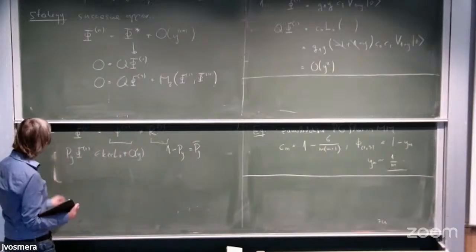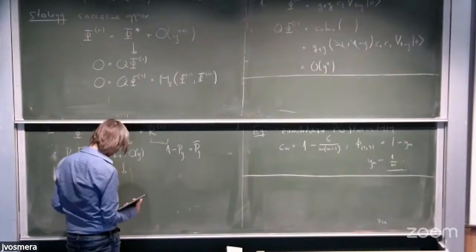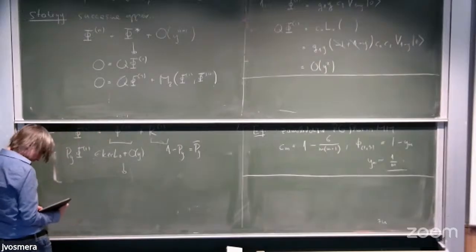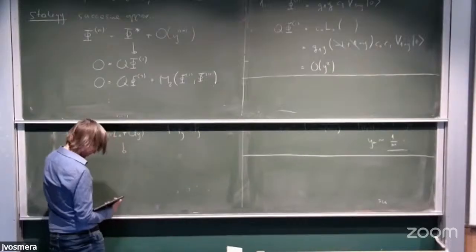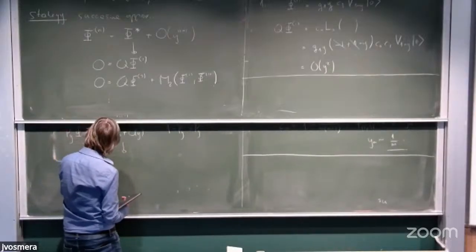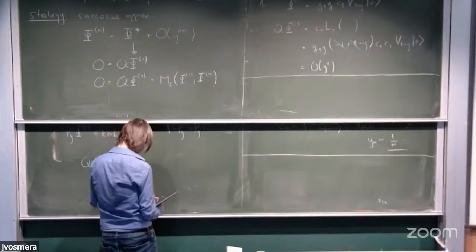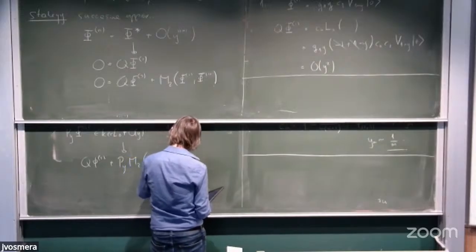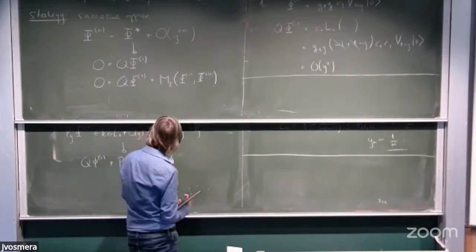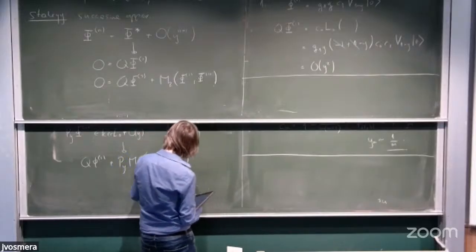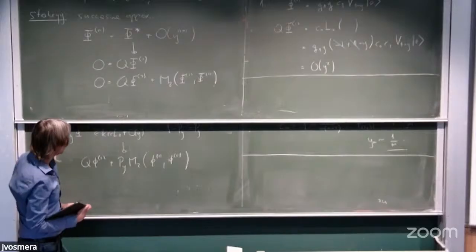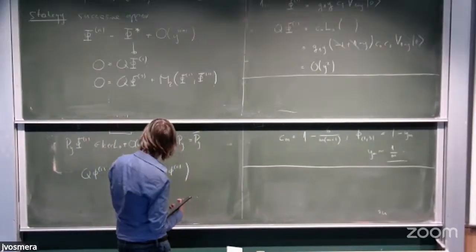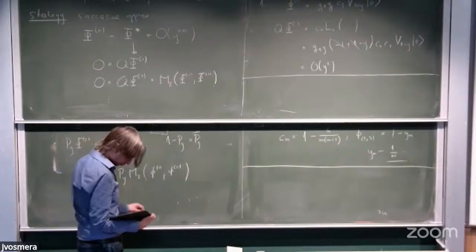So then again, I can do the familiar thing. I can use this projector to split this equation at second order into two equations, one for the lowercase phi and the other for the capital R. And again, inside this product, I can replace the capital phi with lowercase phi, because at the leading order we knew that the whole string field was already given by the ansatz, which was inside this kernel of L0 plus corrections of order y.